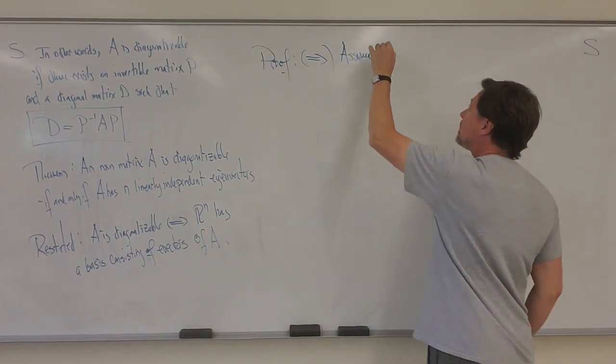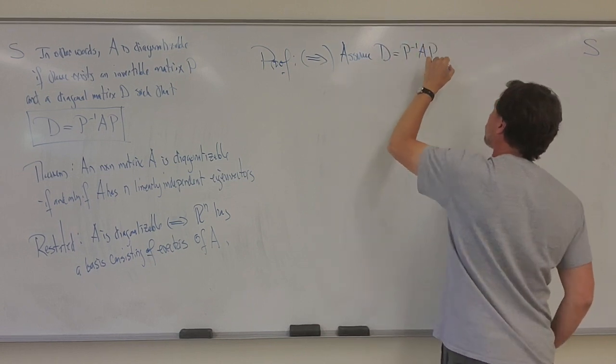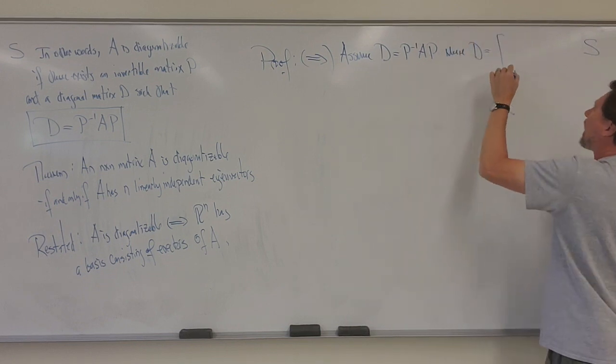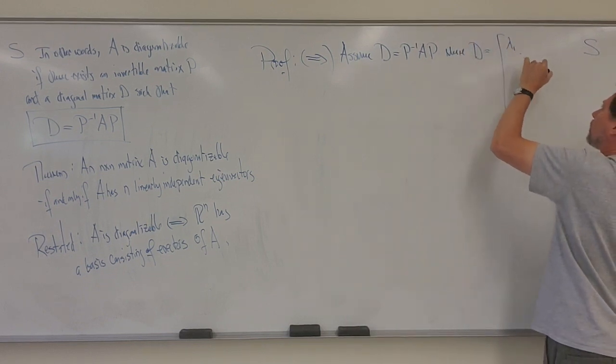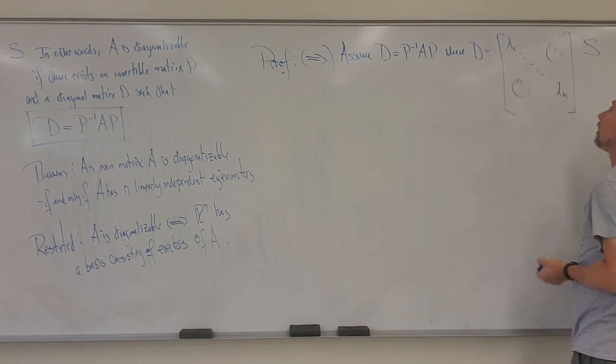So let's assume that D equals P inverse A P, where D is this diagonal matrix with lambda 1 down to lambda n on the diagonal, and zeros everywhere off of the diagonal.